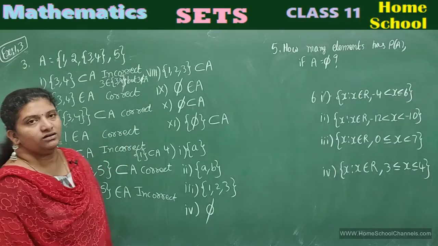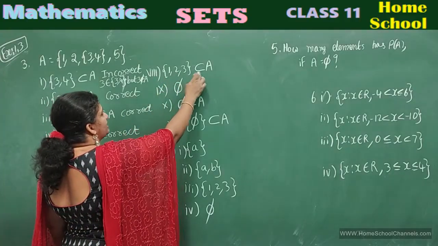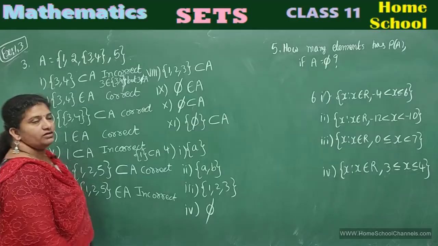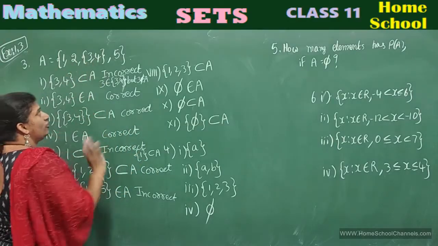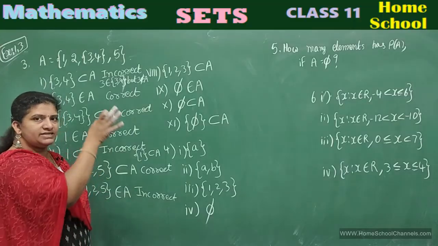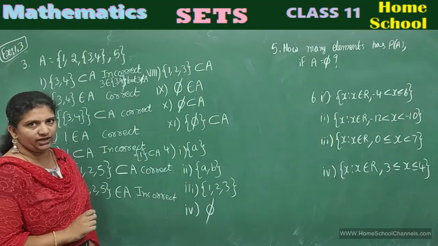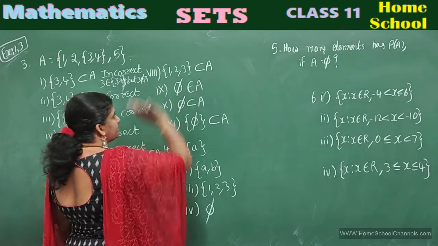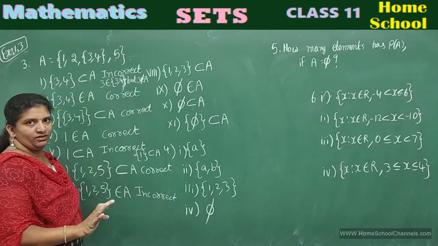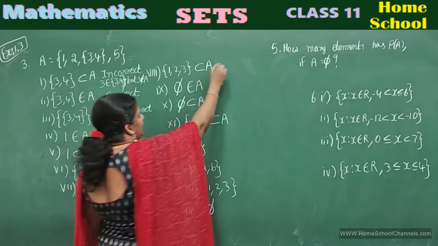Okay, next one, the eighth one: {1, 2, 3} is a subset of A. See here, I cannot take 3 out separately, as the full set {3, 4} I need to take. So what I can say? This is not a subset of A. This is incorrect.